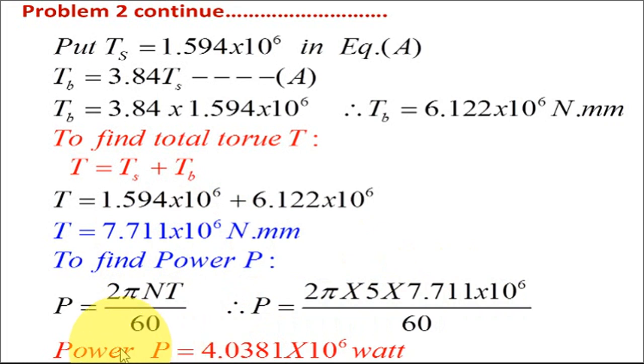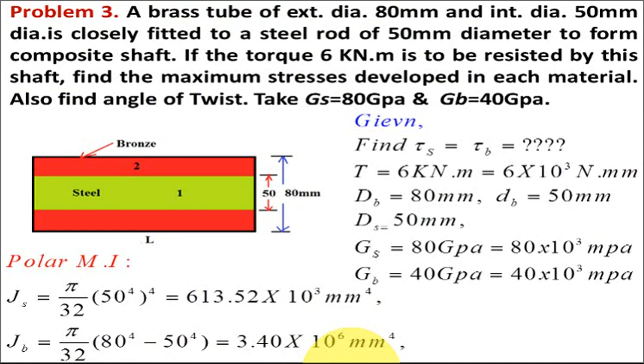Here we will get the power transmitted by the shaft as 4.038 into 10 to power 6 watt. If you want to write it in kilowatt, you can write 10 to power 3. So 4.038 into 10 to power 3 kilowatt. In this way, we have solved problem number 2.